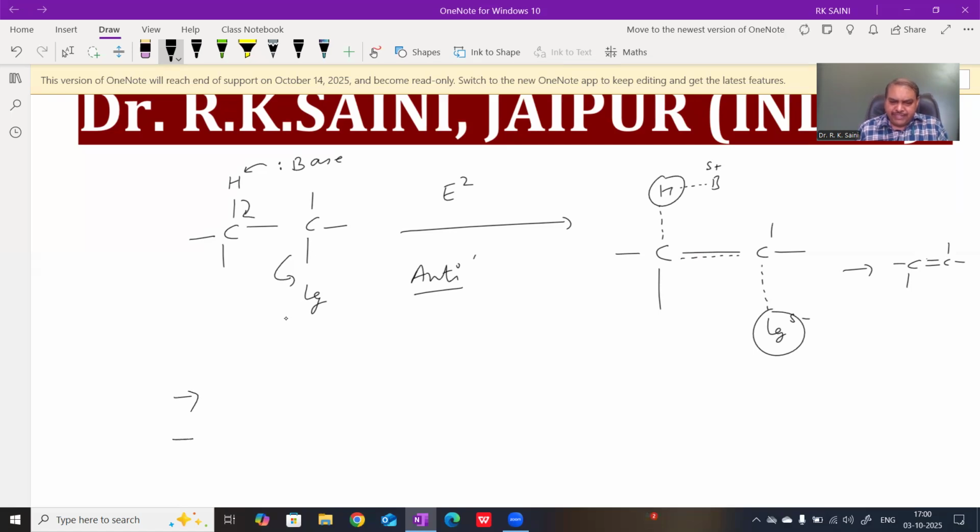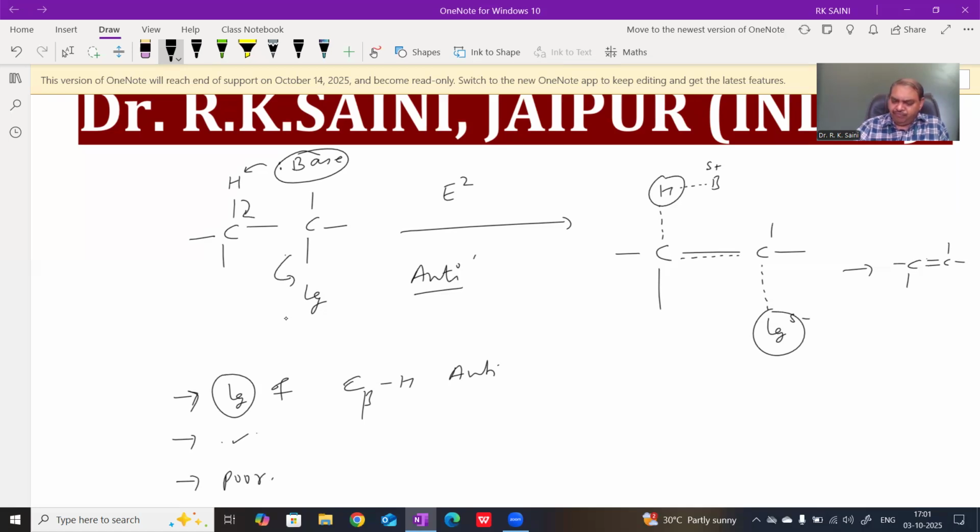Therefore, the following are the conditions for the substrate to undergo the E2 mechanism. First, an essential condition: the leaving group and the beta carbon containing hydrogen are in anti position to each other. Second, the base is a sufficiently strong base. Third, the leaving group is a poor leaving group.